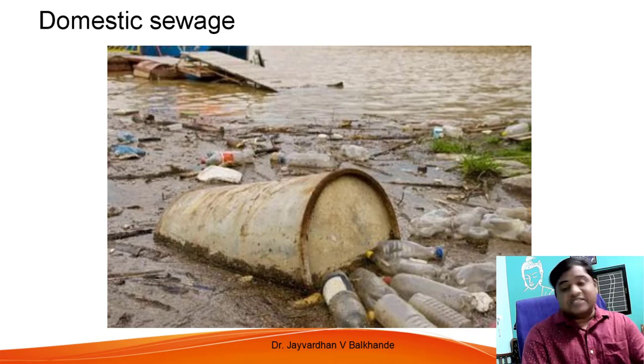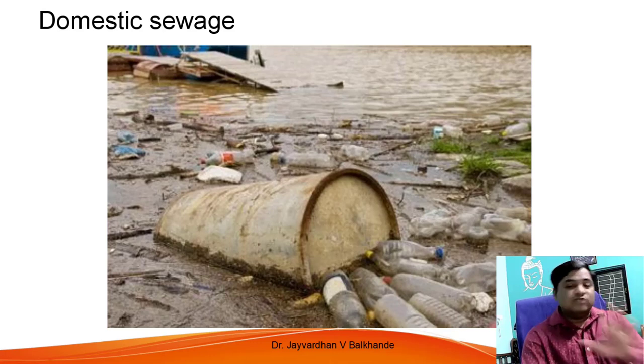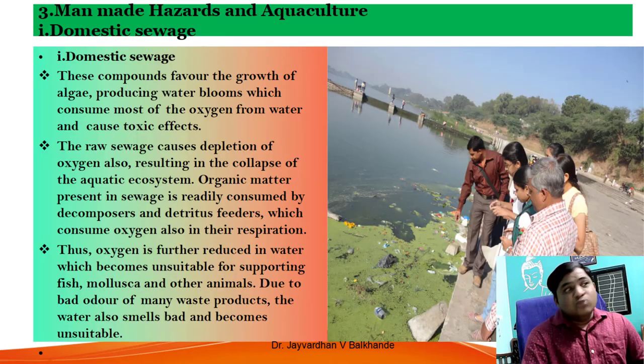No doubt the river is the home of many aquatic flora and fauna, and because of this domestic sewage, this flora and fauna get affected, especially the fishes. So we'll move towards the next point.